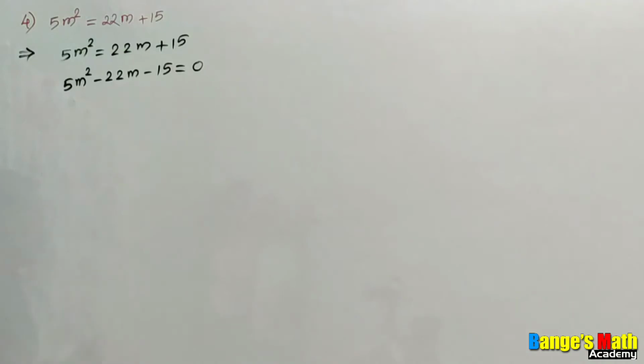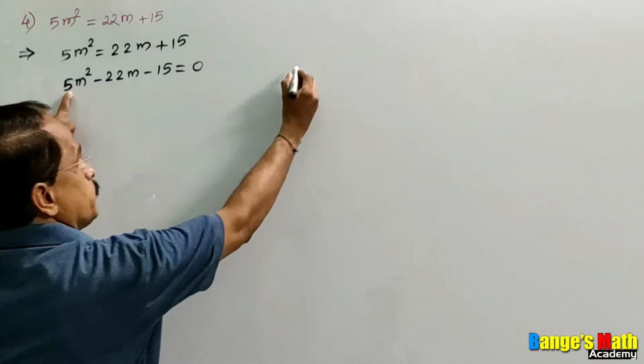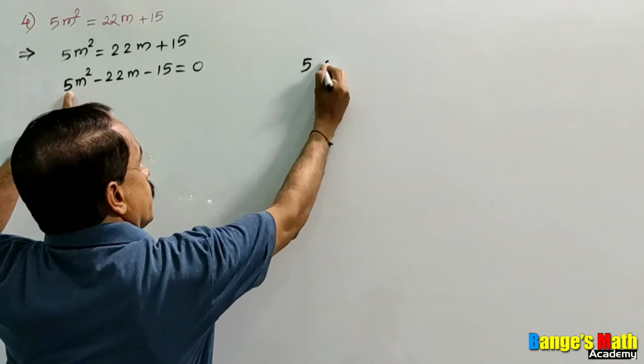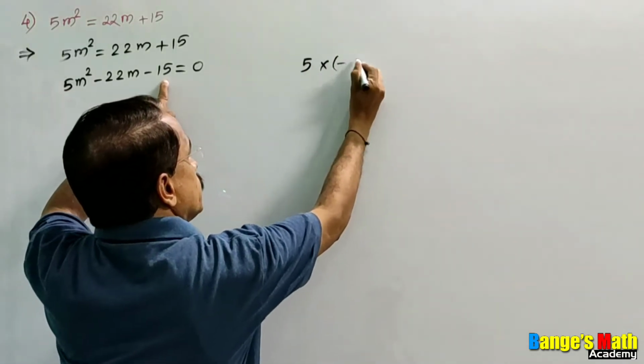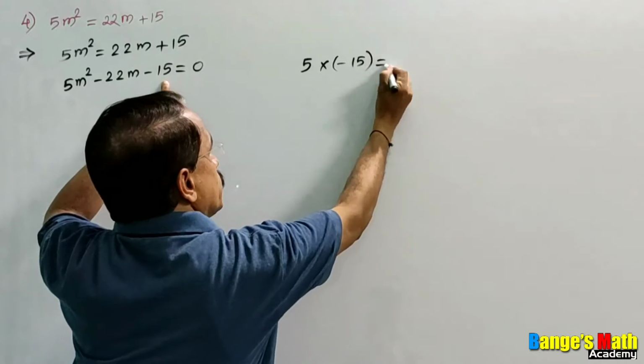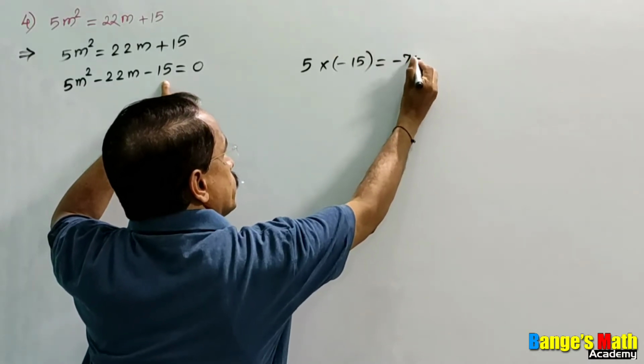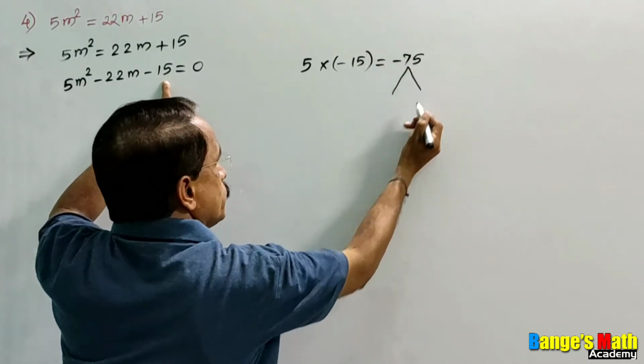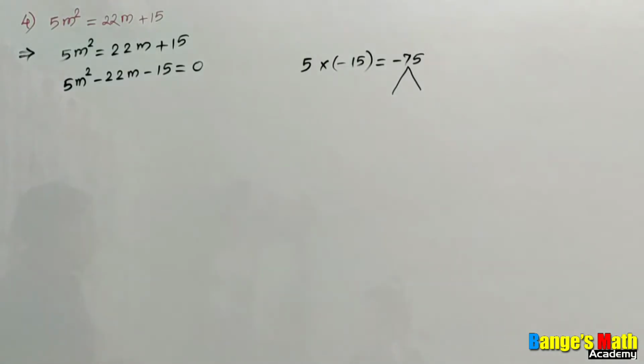We convert the given equation in the form ax square plus bx plus c is equal to 0. Then see, the coefficient of the quadratic term is 5 and the constant term is minus 15. Their product is minus 75. Then by splitting the middle term, split the middle term like this.